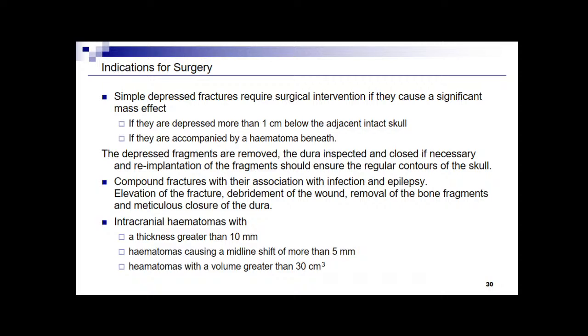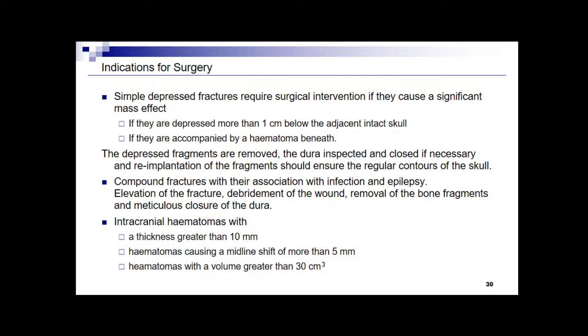Simple depressed fracture: if the bone fragments are depressed more than 1 centimeter below the adjacent intact skull, or if the linear simple fracture is accompanied by a hematoma beneath the line of the fracture, an epidural hematoma. What should you do with the patient? The depressed fragments should be removed.